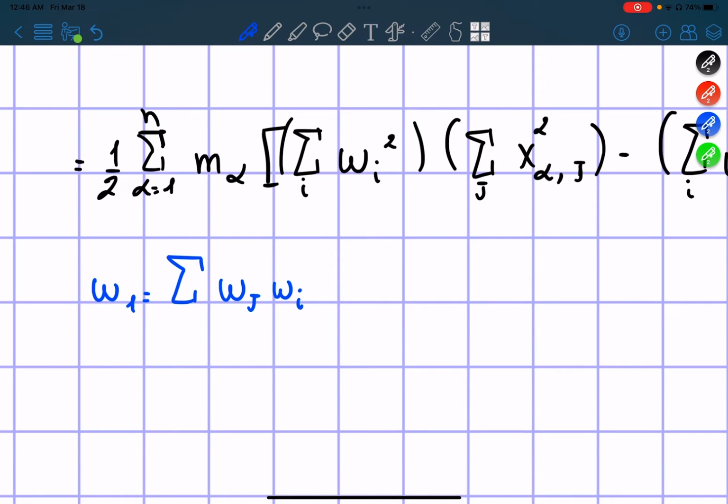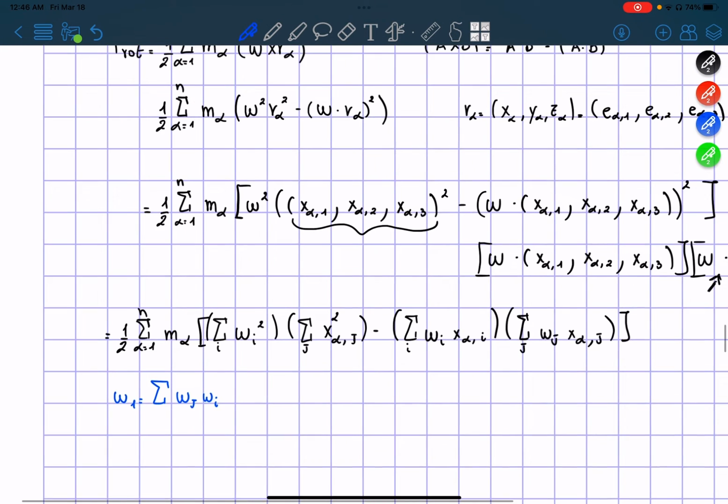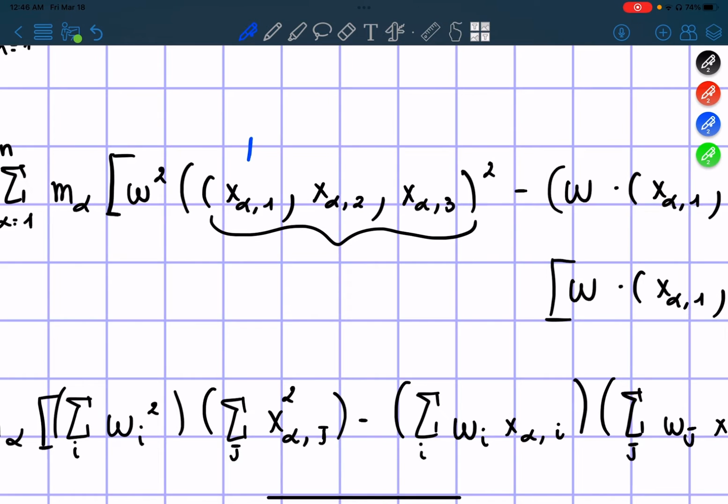And we know that since we're talking about two different coordinates in a dot product, if we multiply these two, we get 0. For example, multiplying x_α1 times x_α2, we get 0. But if we multiply x_α1 with x_α1, we get 1.